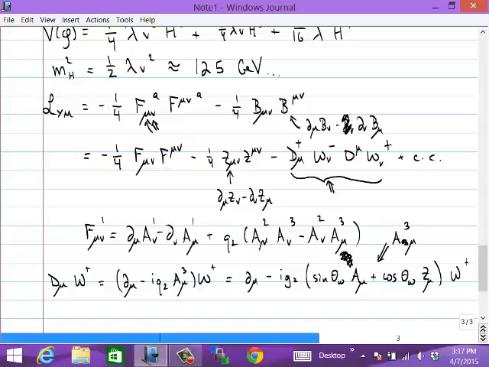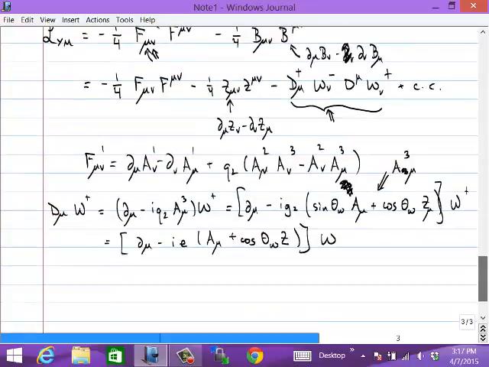Or if you want to write that out a little bit more succinctly, the gauge covariant derivative is d mu minus i e times A mu plus the cotangent of the weak mixing angle times Z, all acting on W. So the important term that we want to pay attention to is this term right here.